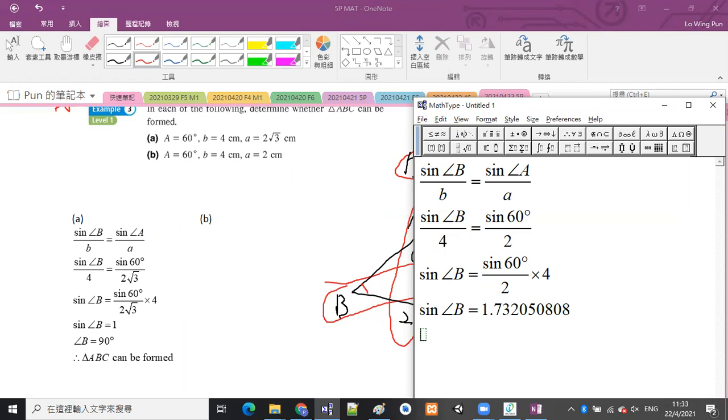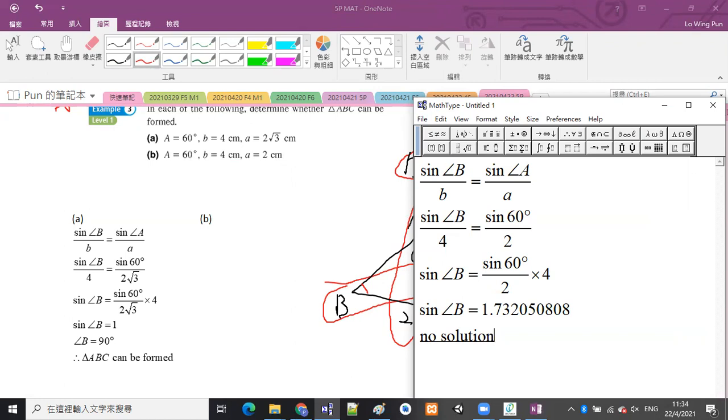Can you find math error? Yes. If you use shift sine on the answer, then you get math error, which means that there is no solution for angle B. So there is no solution, which means that triangle ABC cannot be formed, because the length is not suitable to form a real triangle.